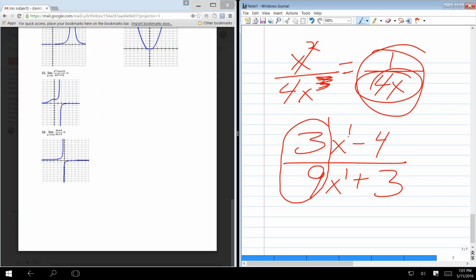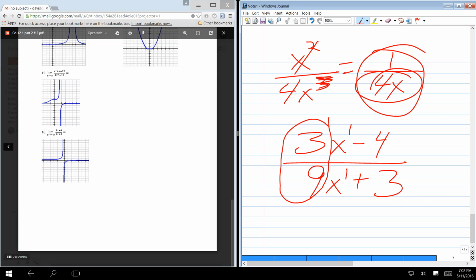If they're the same exponent, then the end behavior, the limit as x goes to infinity, is that ratio of coefficients. So it's 3/9 or 1/3. And that's what that horizontal asymptote is at, 1/3.